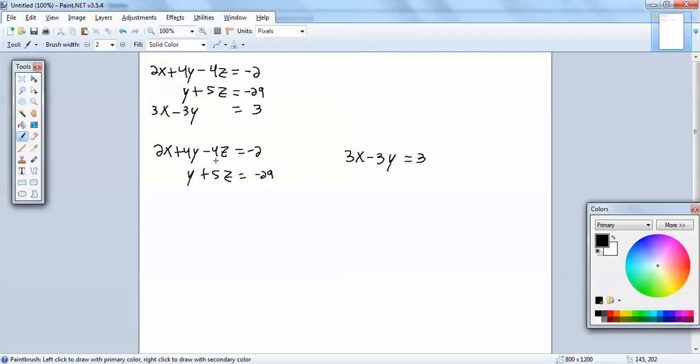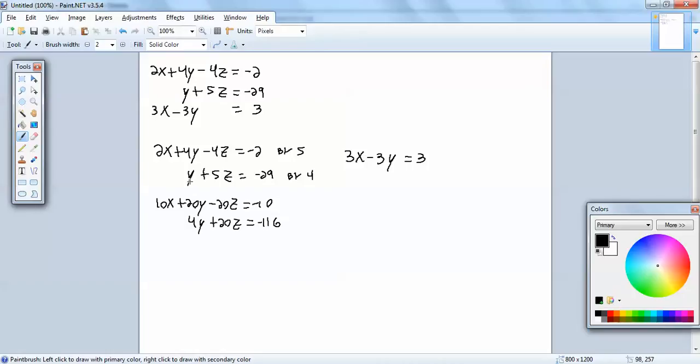Now here, to eliminate the z's, I'm going to multiply the first equation by 5 and the second equation by 4, because I want these z's to have the same number in front of them. Okay, so that's going to give us 10x plus 20y minus 20z is equal to negative 10, and 4y plus 20z is equal to negative 116.